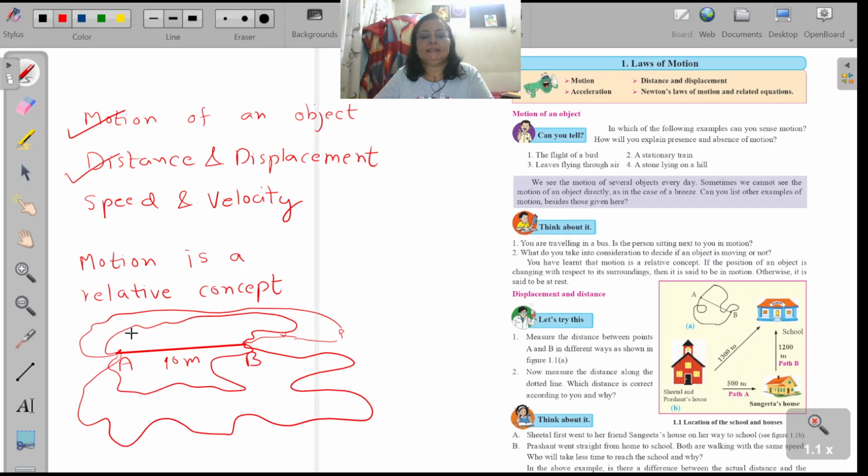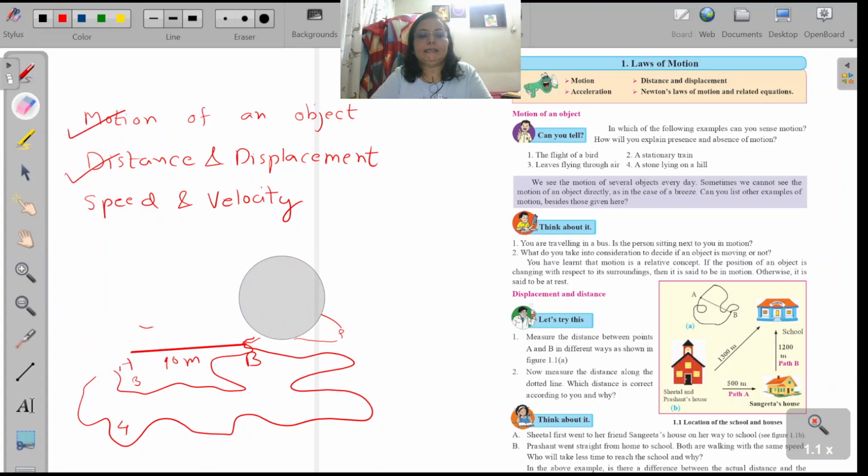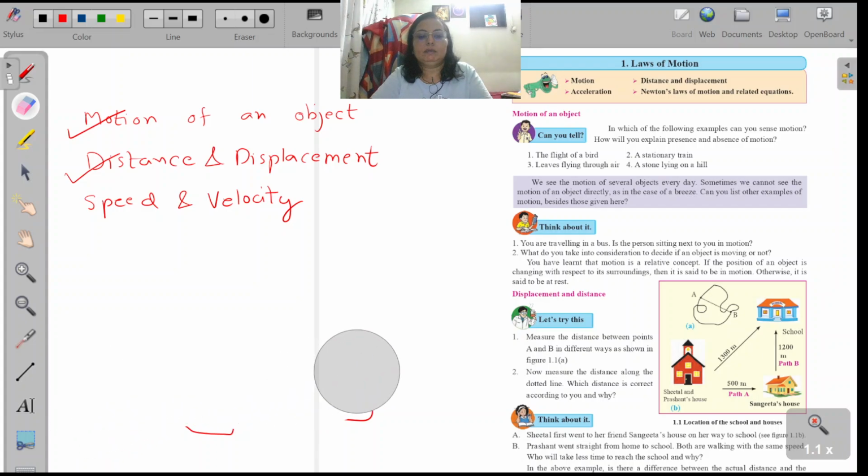And these are all the actual distances covered from A to B, say 1, 2, 3, 4. These are all the distances covered between A to B. So let's understand the concept of displacement by two more examples.